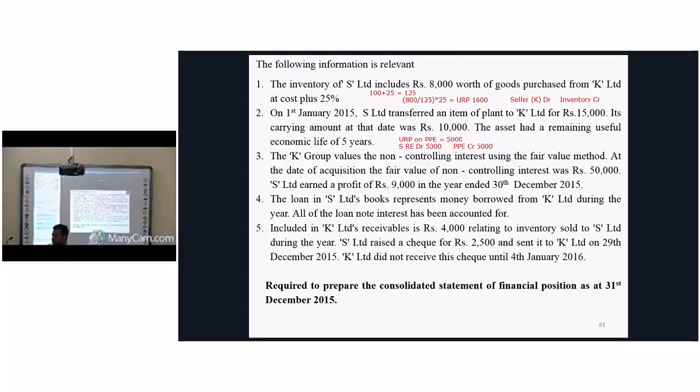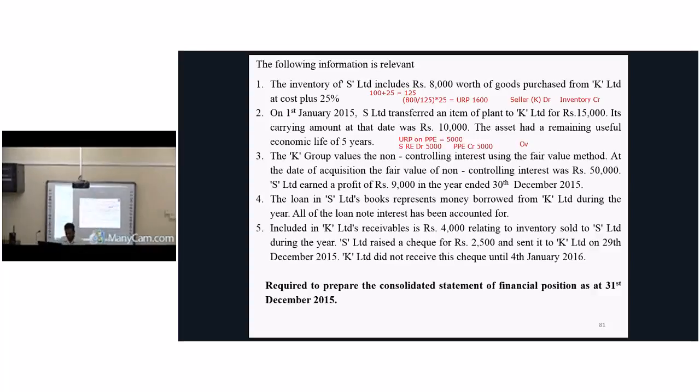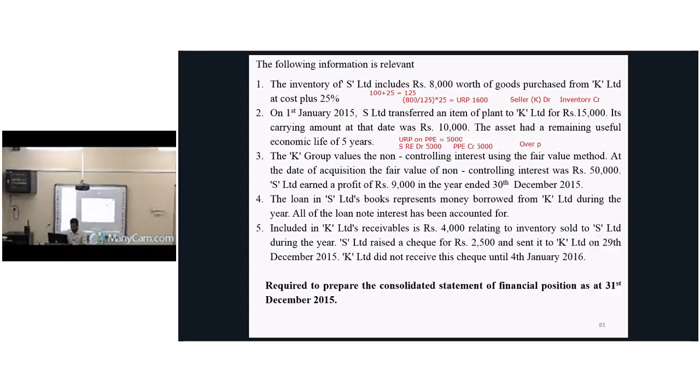So how much is the over provision of depreciation? 5,000 divided by 5 is 1,000, only for 1 year because acquisition happened at the beginning of the year.